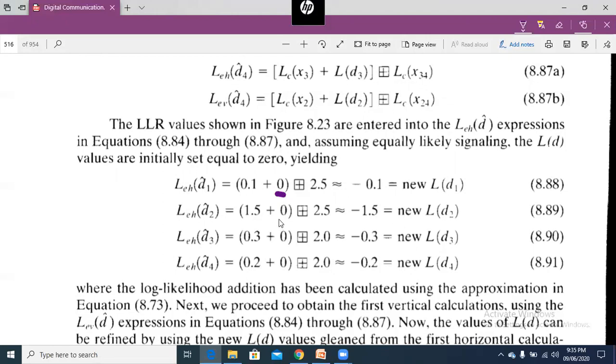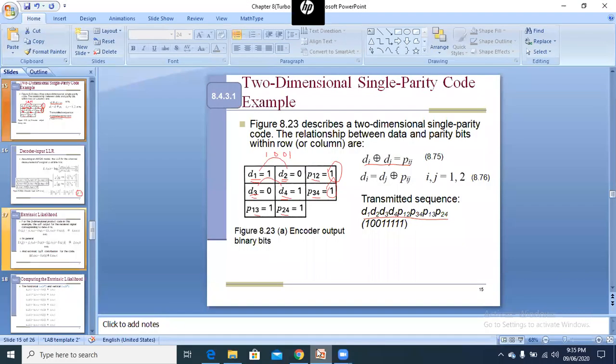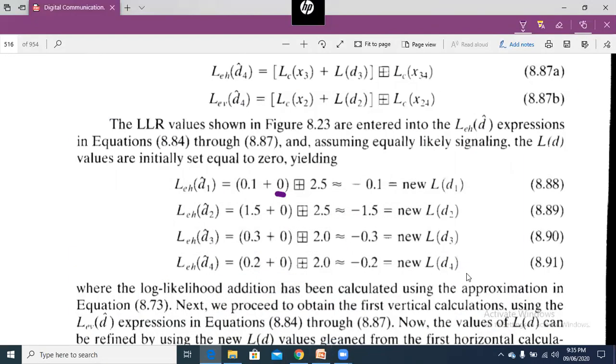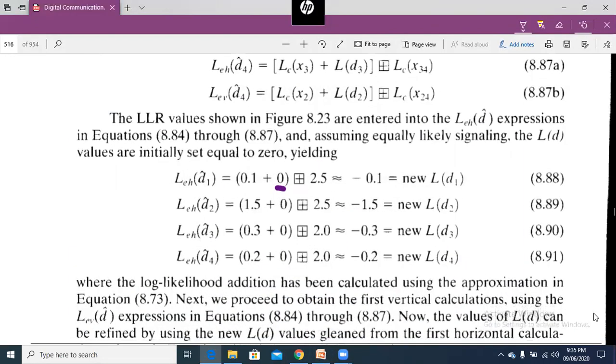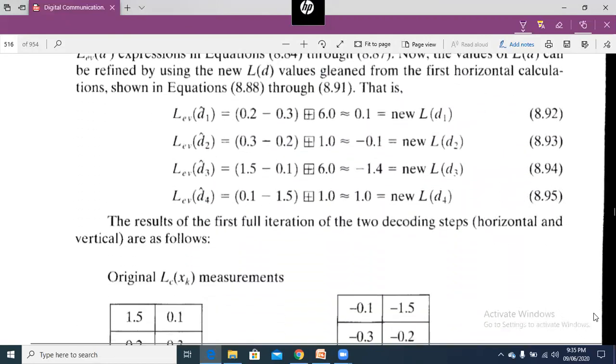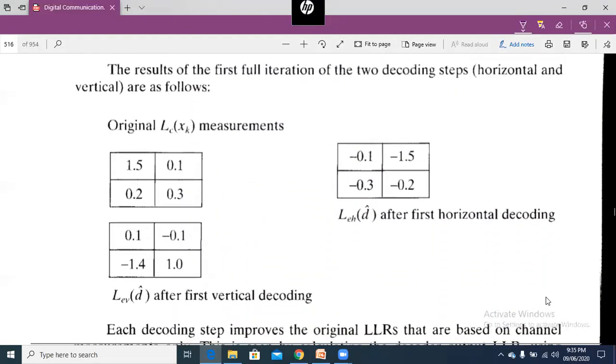So similarly, from the equations we calculate the values of this in the table. So we have its value calculated from the equations, and we have the horizontal and vertical extrinsic likelihood, and we have the original channel measurements.